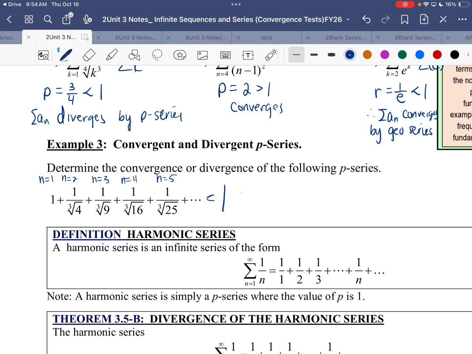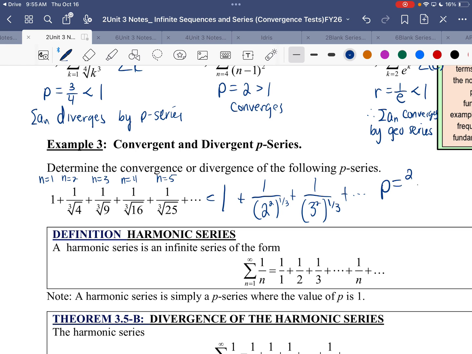Maybe rewrite it in that format, and in power over root. What do you think P would be equal to?